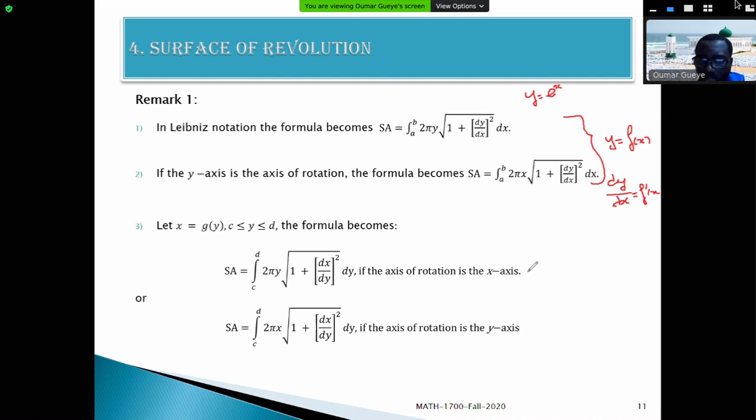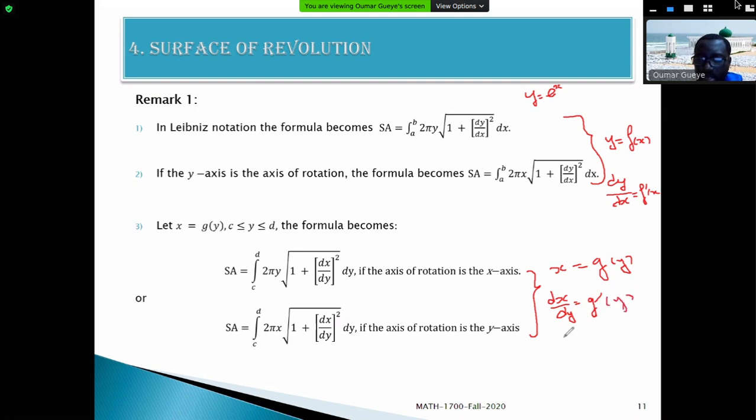But in these two cases, we have the inverse: x is equal to g of y. So that's why we need to calculate the derivative with respect to y. Because your function is in terms of y, the derivative should be calculated with respect to y. So here under the square root it's going to be g dash of y.